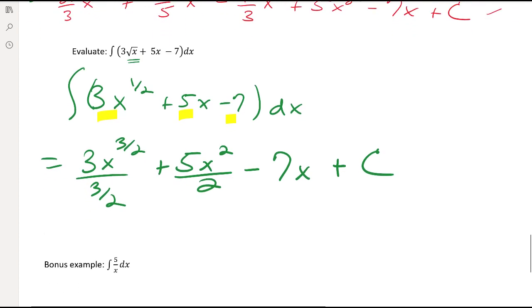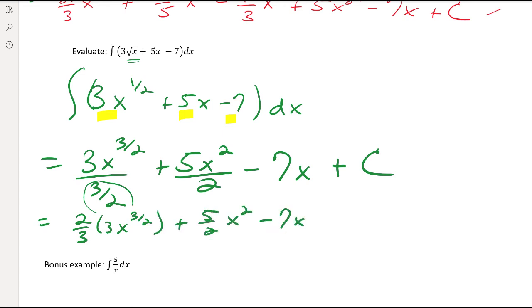Okay. Next, you see how this first term we're dividing by 3/2? I'm going to switch that to multiplying by 2/3. So it's 2/3 times 3x to the 3/2 power plus 5/2 x squared minus 7x plus c.